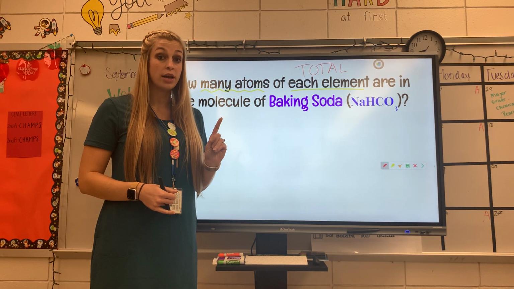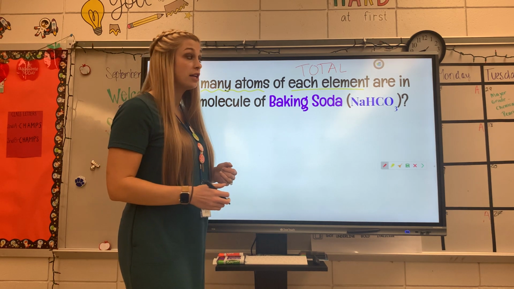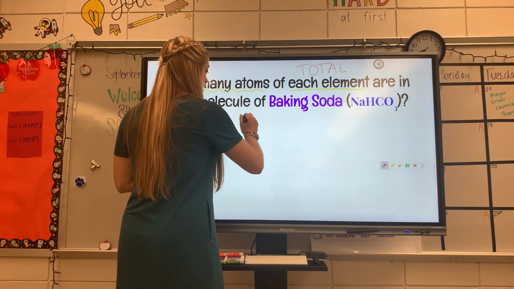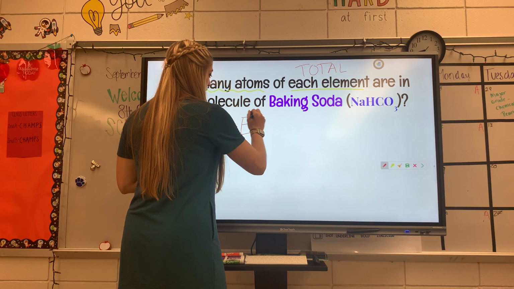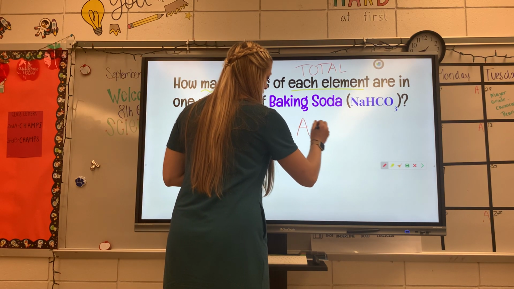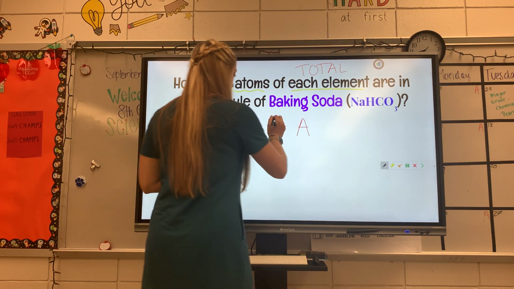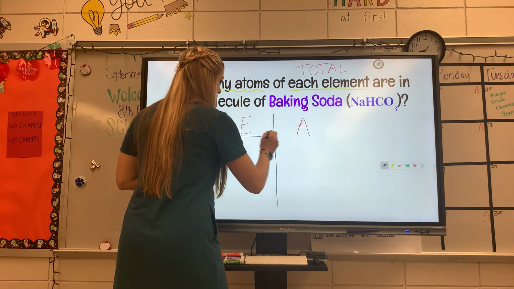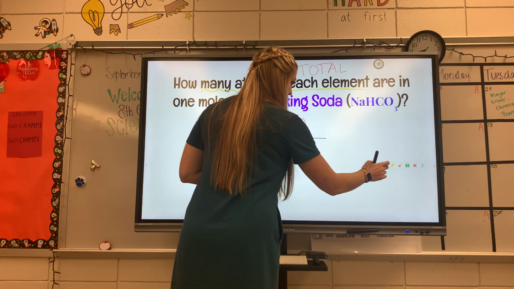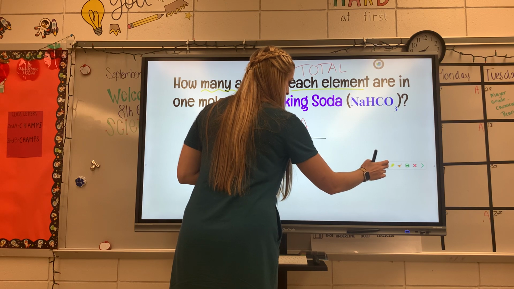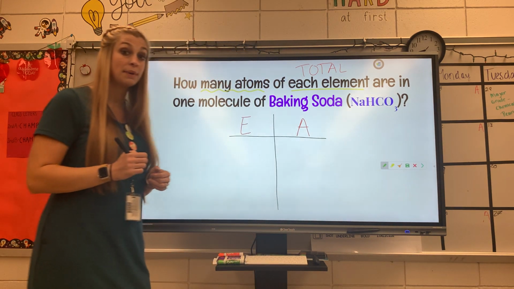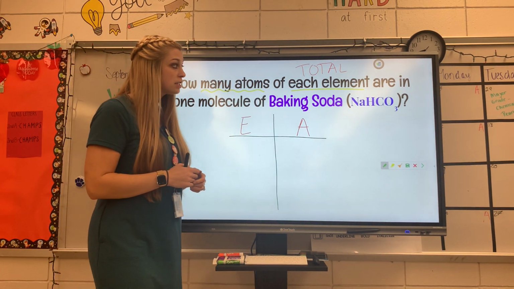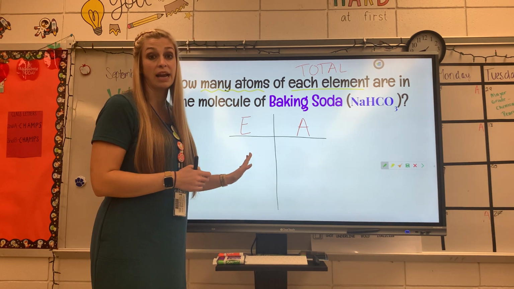Remember, step 1 is always to make your EA chart. All right, there's my EA chart. Now I have to determine how many elements I have.